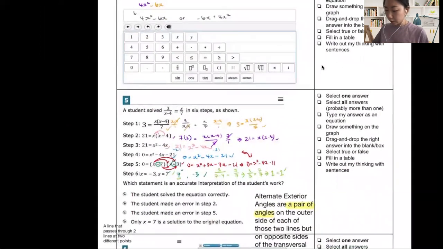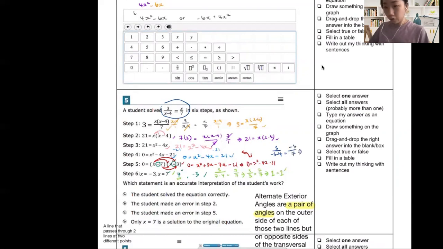The next solution that we want to check is negative 3. All right, I'm going to try a different color so it doesn't look too cramped. Let's try navy. So I'll plug in negative 3 back into this function. We have 3 over negative 3 minus 4 equals negative 3 over 7, right?